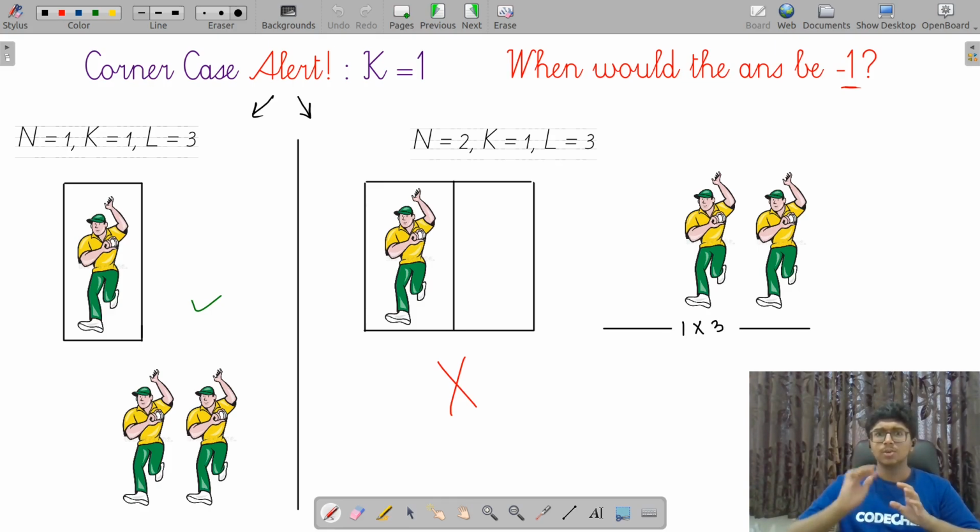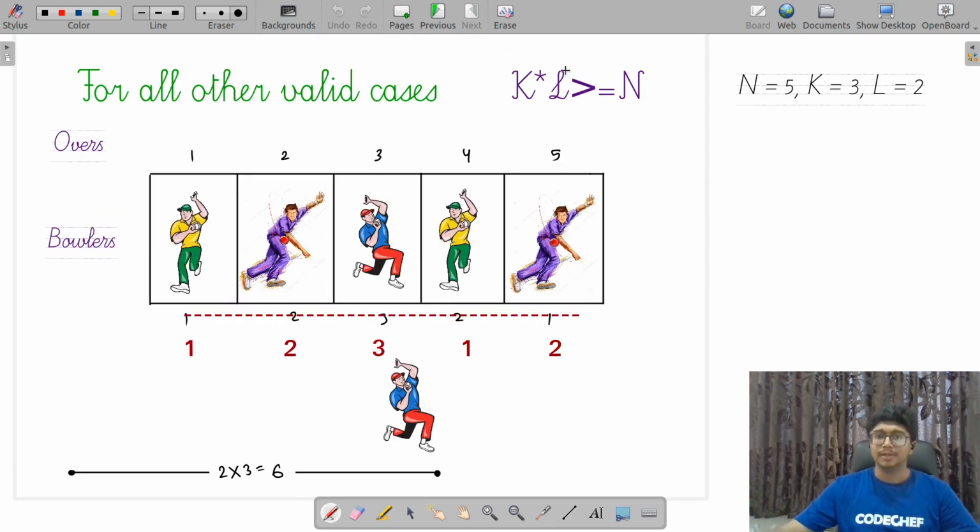So if k into l is greater than or equal to n, we move forward and check one last condition: if k is 1 and n is greater than 1, if this case is true, then we print -1, else we get our desired answer, right? So here we would be printing our answer by using this algorithm, and we would be getting the correct answer.